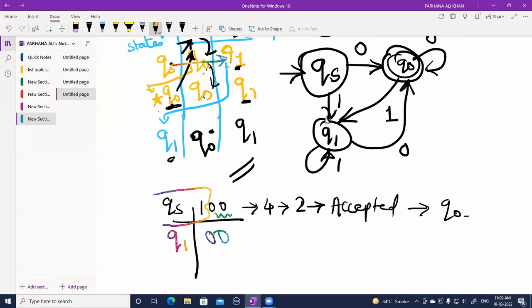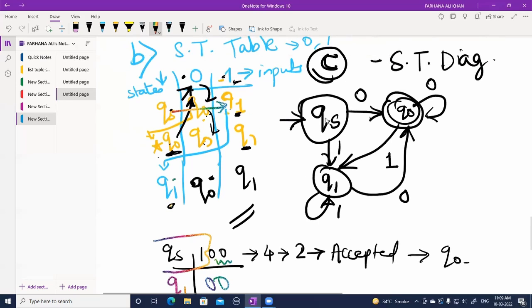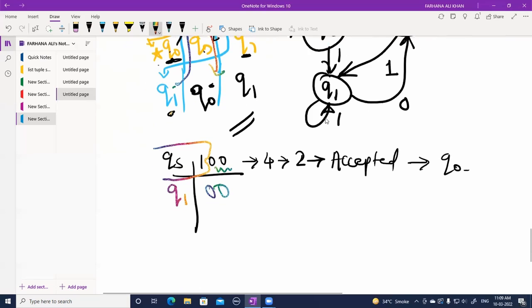Now we will write Q1 on 0. Q1 on 0 goes to Q0. So we'll write Q0, and the remaining string will be 0. So we have taken Q1 on 0, the resultant state is Q0 and the remaining string is 0.